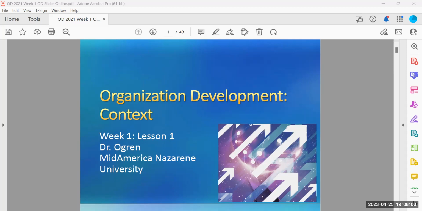So the organizational change, like I said before, might be something small like a policy, and it might be significant like a merger, acquisition, or an industry change. And intervention refers to the actual way that we introduce change, what we do to make change happen in a more productive, effective way.